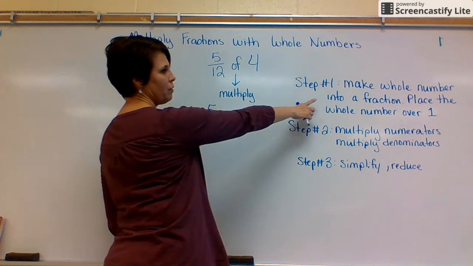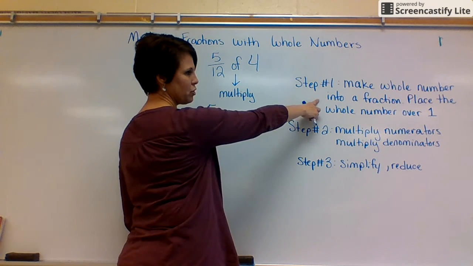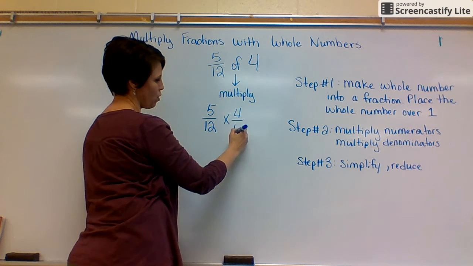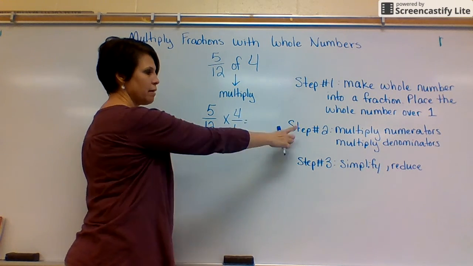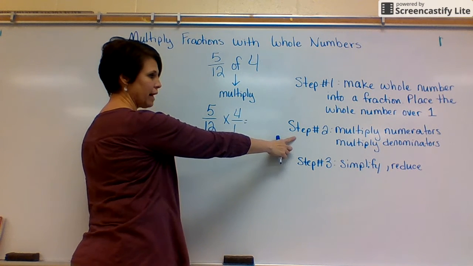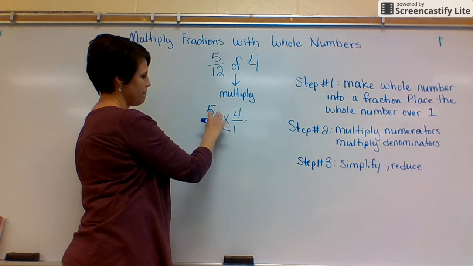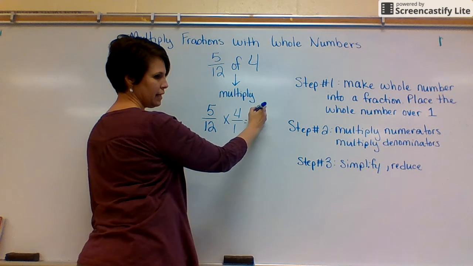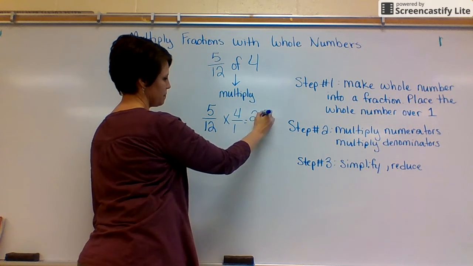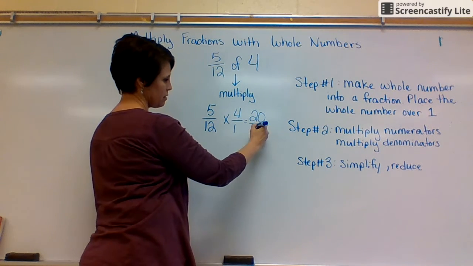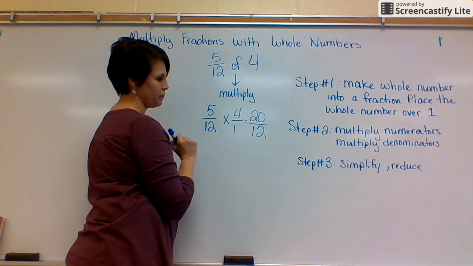Step number 1, we make our whole number into a fraction. We do that by placing it over 1. Step number 2, we multiply our numerators, and then we multiply our denominators. 5 times 4 is 20. And 12 times 1 is 12.